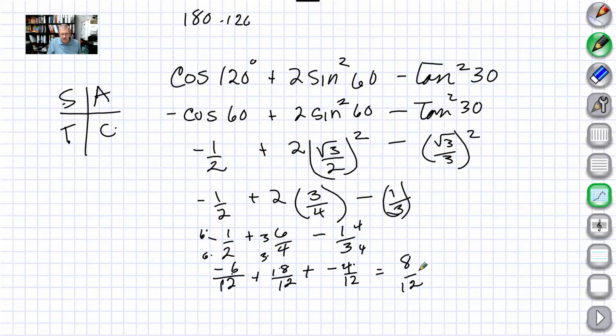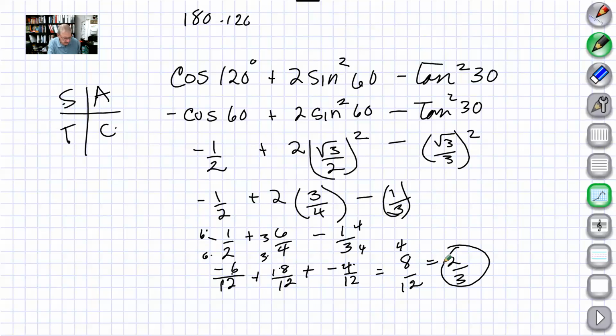I have to reduce it by 4. 4 goes into both of those numbers. 4 into 4 is 1... 8 is 2, 12 is 3. 2/3. Isn't that easy? Yes, it is kind of hard.